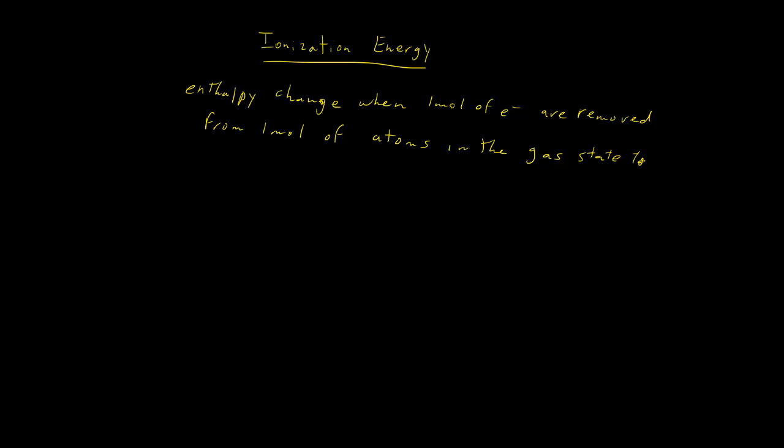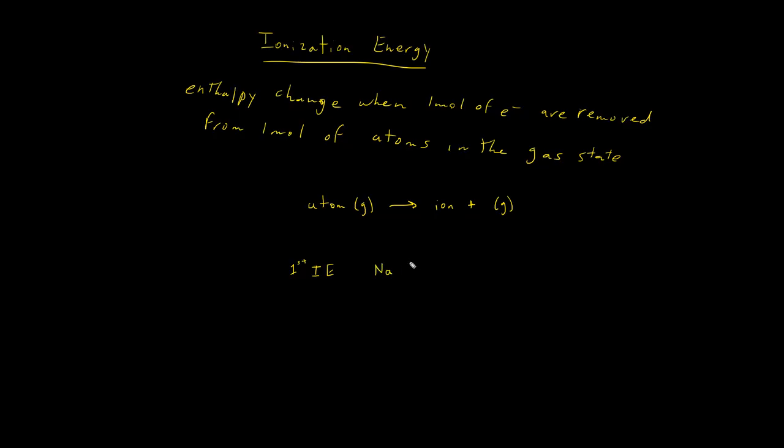Now, when we talk about ionization energy, we are essentially talking about the creation of cations. We're talking about going from the gaseous atom, so an atom of an element in the gas state, to a positive ion of an element in the gas state. So, creation of cations by the removal of electrons, right? So if we're talking about the first ionization energy of sodium, for example, it will look like this.